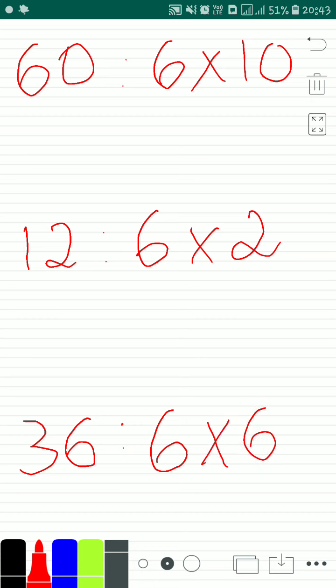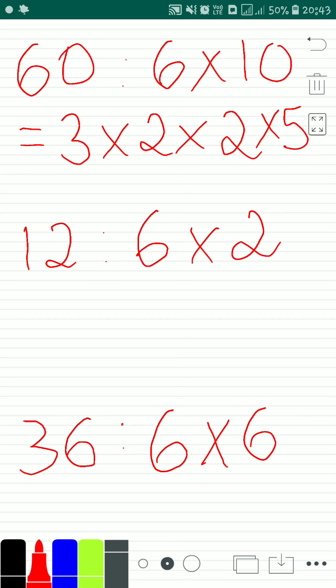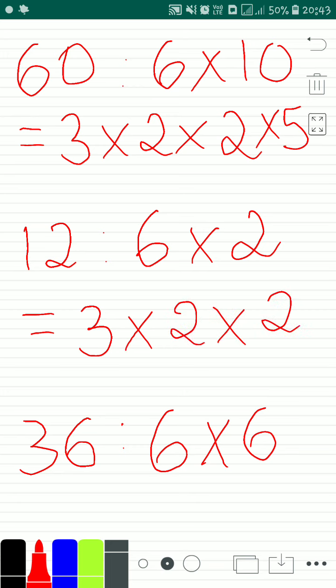Now we have to expand these numbers until we get the prime numbers. So 6 will give us 3 into 2 and 10 will give us 2 into 5. Again 6 will give us 3 into 2 into 2. 2 remains as it is. 6 will give us 3 into 2 into 3 into 2 again.